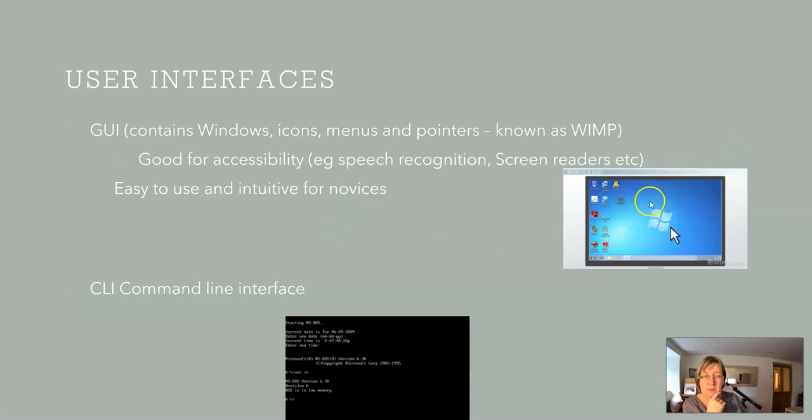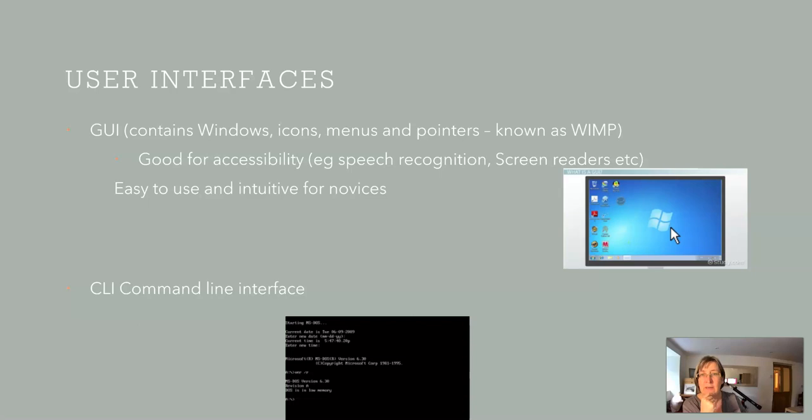The mouse meant that you could move things without having to type, and you visually saw what was in certain folders and you could drag things. So it contained windows and icons and menus and of course pointers, and that's known as WIMP. This was at the time a huge breakthrough, being able to actually physically just use a mouse to drag things, and since then we've developed that far beyond that.